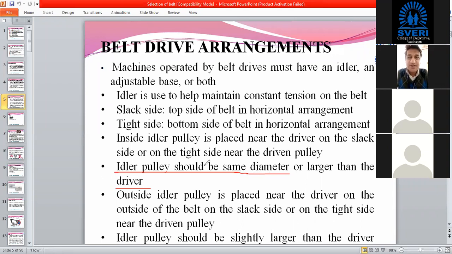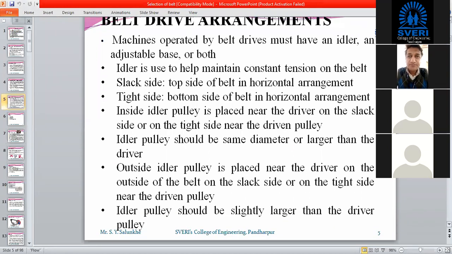This is just a guideline which has been provided. And if you are going to place an outside idler pulley, it should be near to the driver, on the outside of the belt, to adjust the pressure, that is, the tension in the belt.